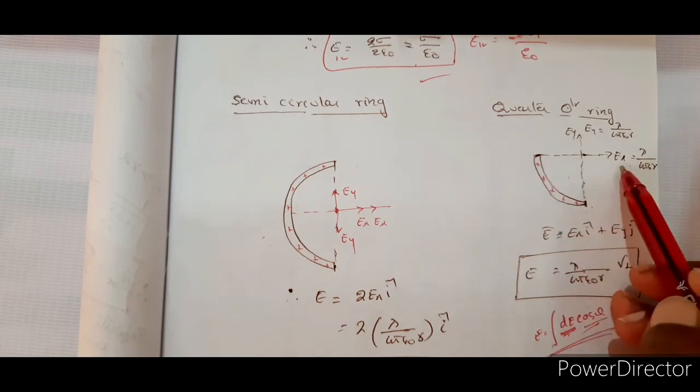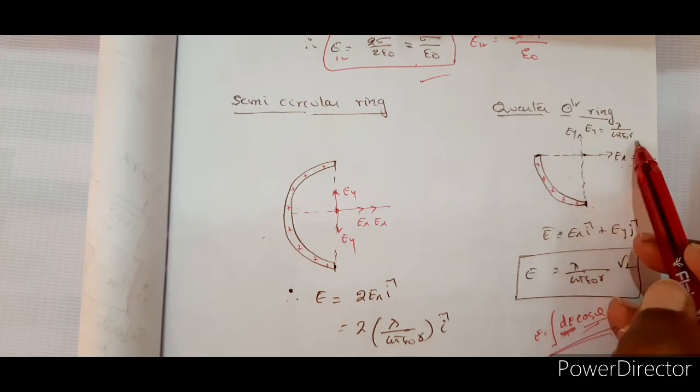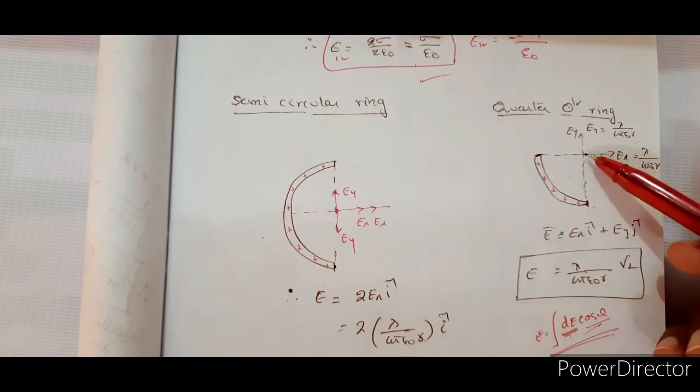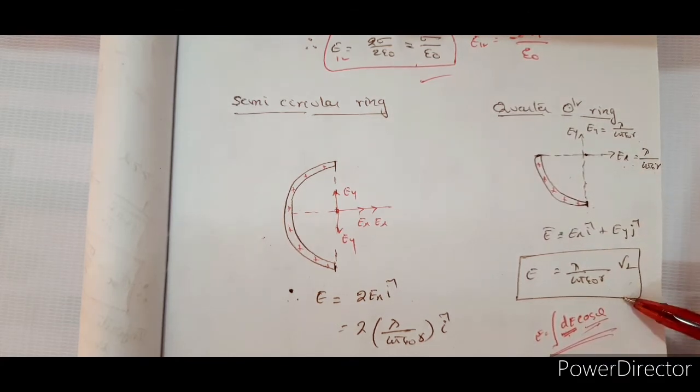Then you will get Ex is lambda by 4 pi epsilon naught, Ey is lambda by 4 pi epsilon naught, and the resultant of these two is lambda by 4 pi epsilon naught into root 2.